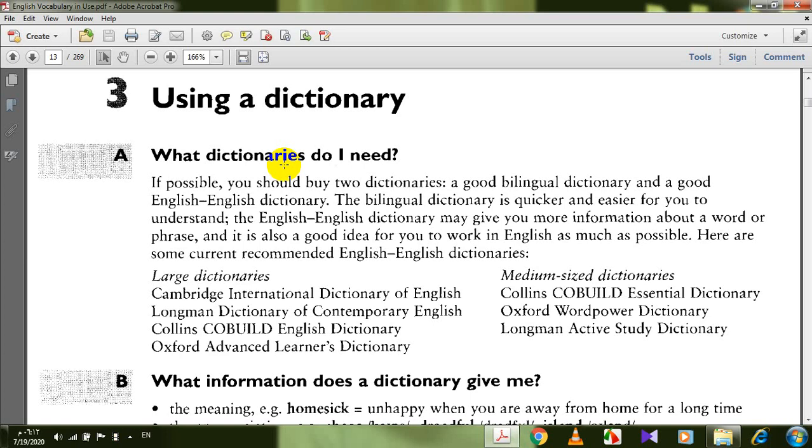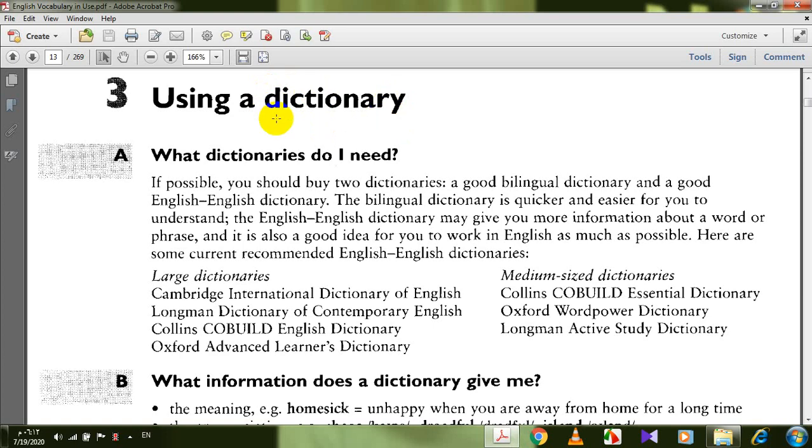This is lexis, which means lexicon. Lexis or lexicon means vocabulary, all the words and the phrases of a particular language.